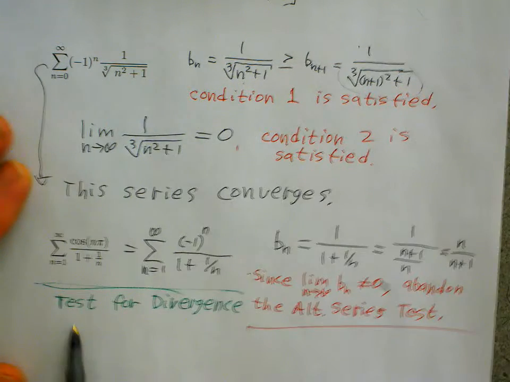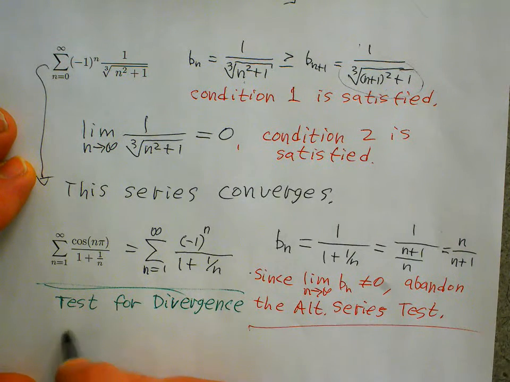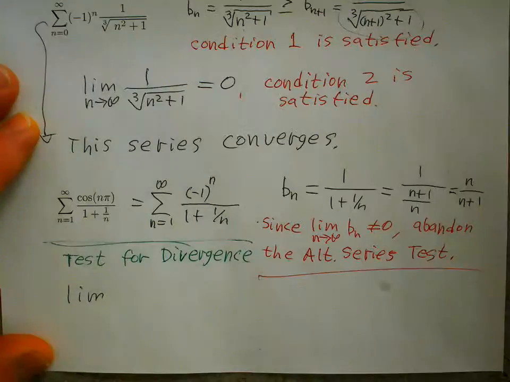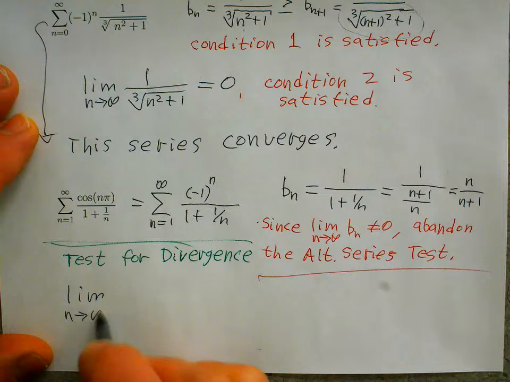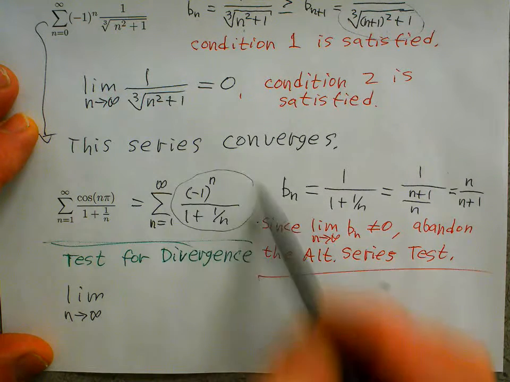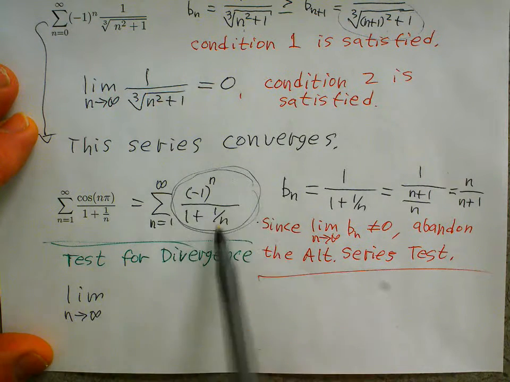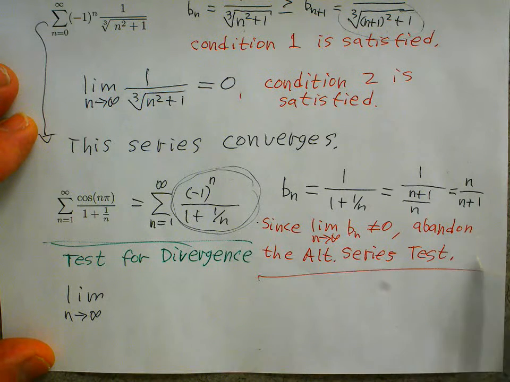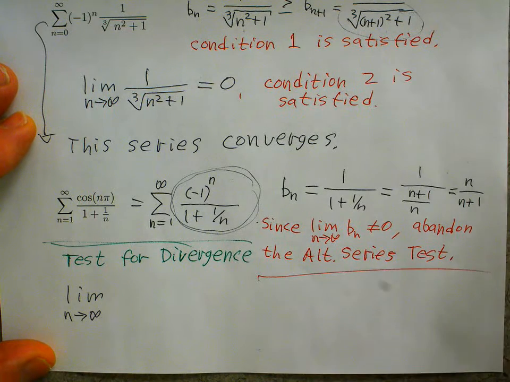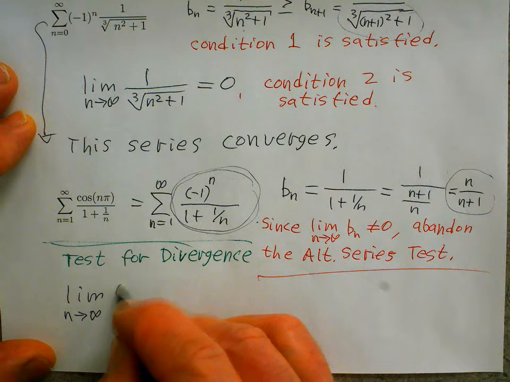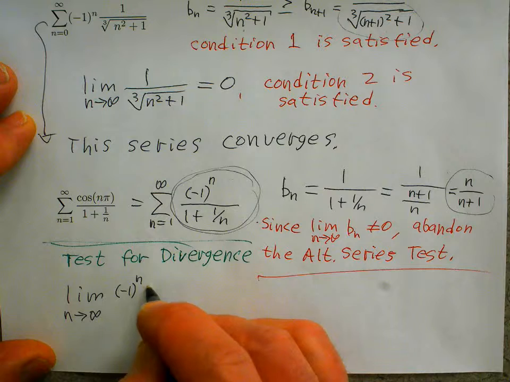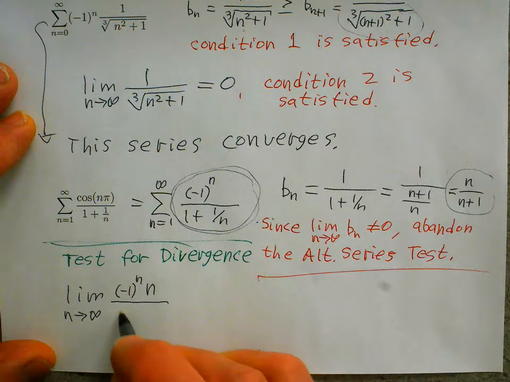When we apply the test for divergence, we have to take the limit of the terms from the series, not just the positive ones like we do in the alternating series test. But we can rearrange it. We simplified 1 over 1 plus 1 over n to n over n plus 1. So we can write this as negative 1 to the n times n over n plus 1.